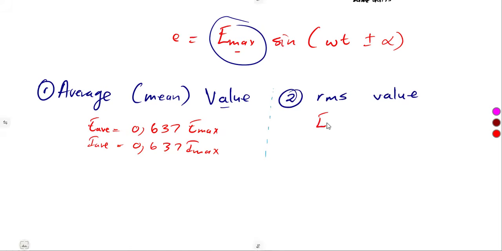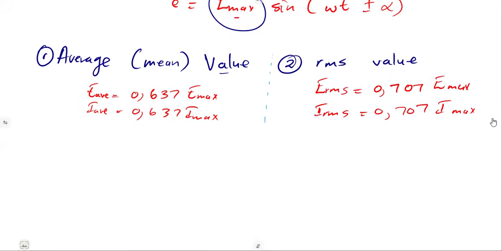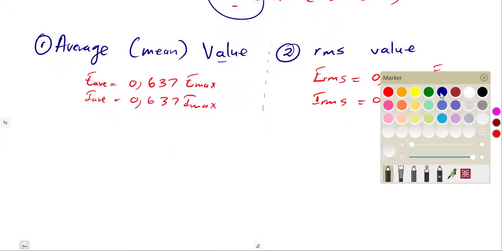If you are talking about ERMS, that is also from your integration. So that's 0.707 times the maximum value. Therefore, if it is the current, we've got the same thing, guys. Same thing, even for the current. I want you to just understand these basics as an individual.